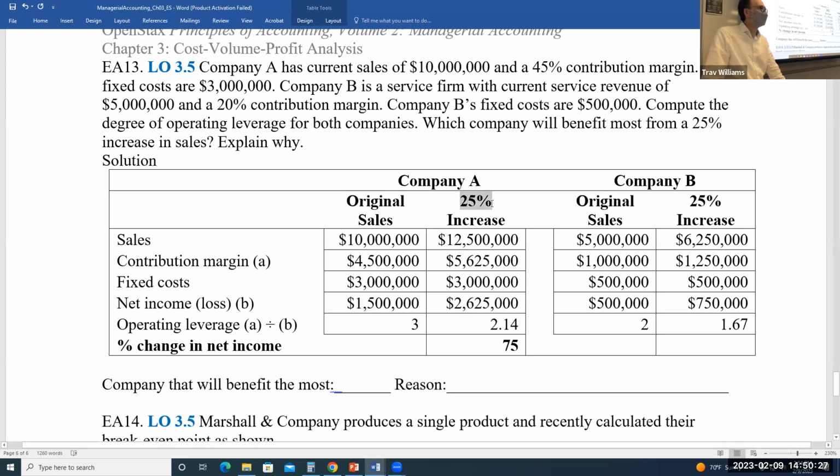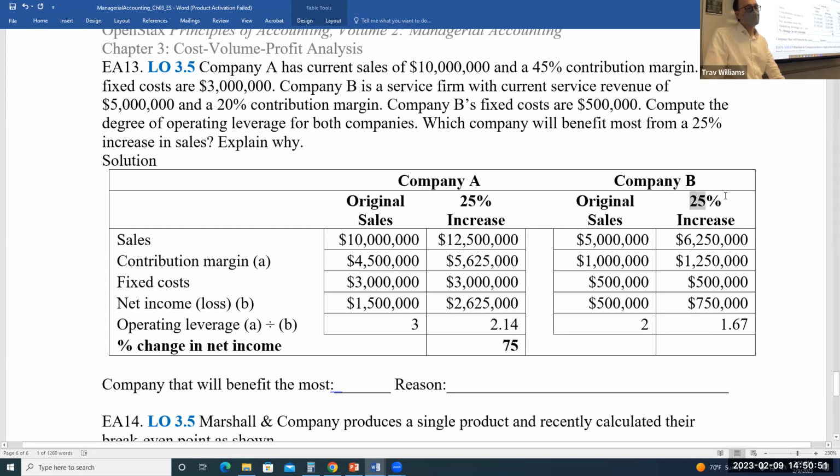We took that 25, what's that? Multiplying? By 3. If we take that increase in sales of 25%, multiply the 25% by the operating leverage, that also gives us 75%. Okay. That's a quick and dirty way to see what the impact is going to be on net income.